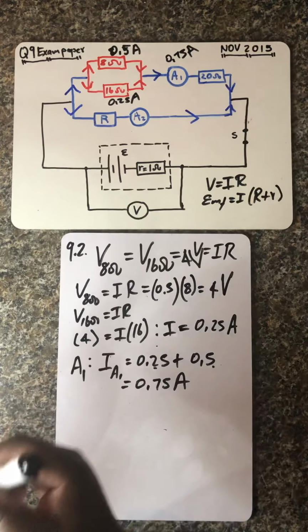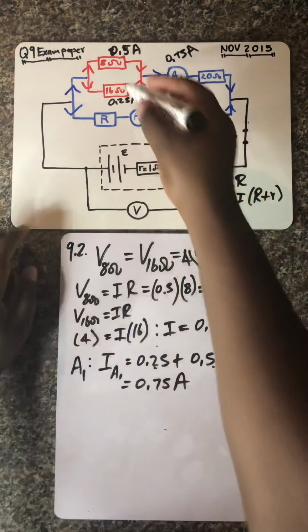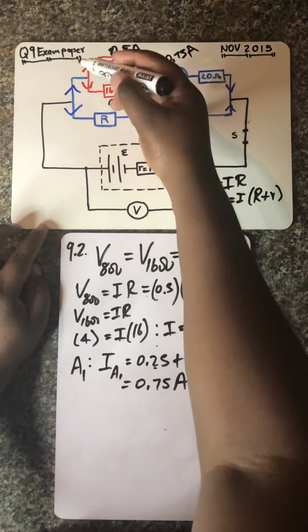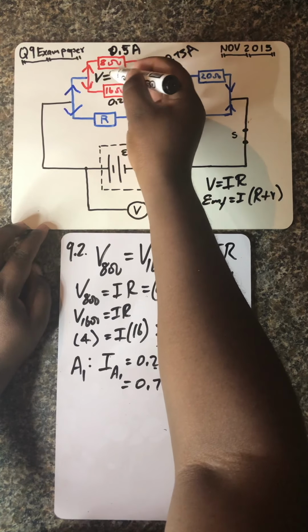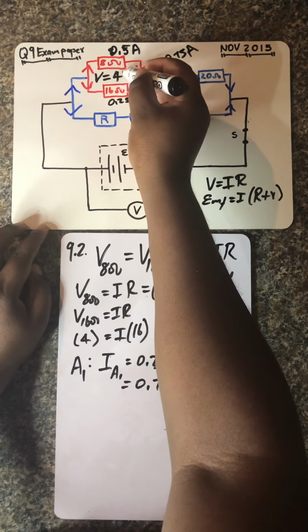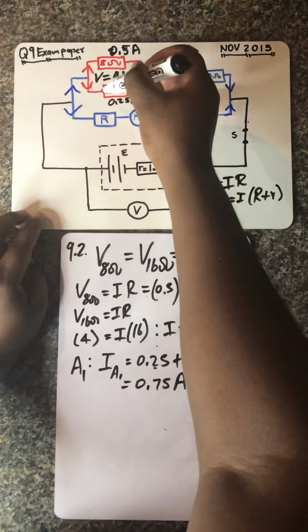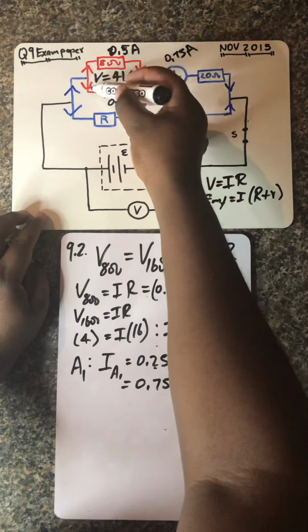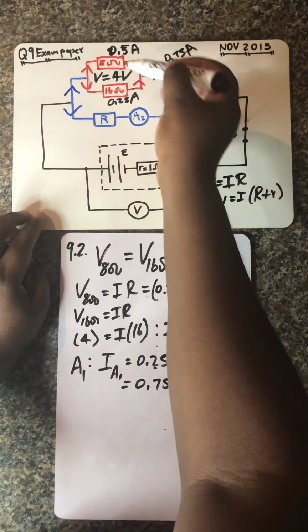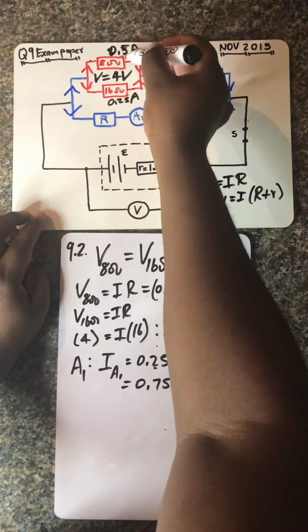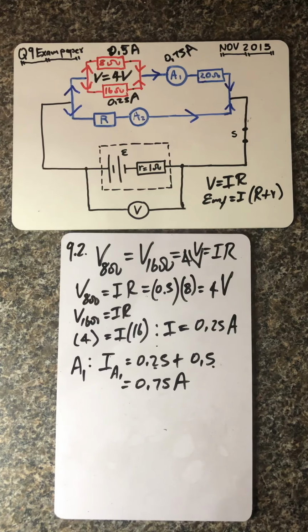Very important, guys. And again, we know the V there. Let me write it there, but you'll remember that we didn't have that V, so that V is equal to 4 volts. It's the V connected across the 16 ohms resistor, which is the same as the V connected across the 8 ohms resistor.